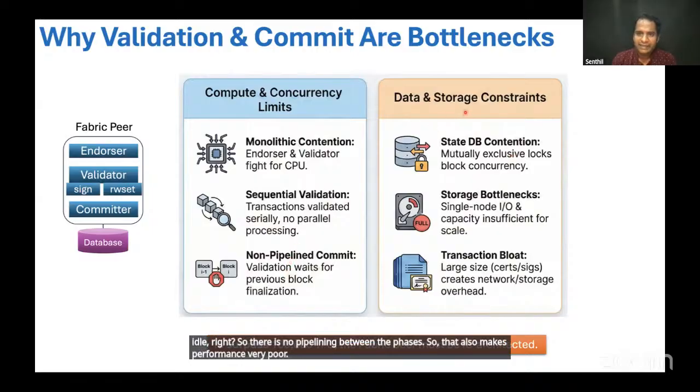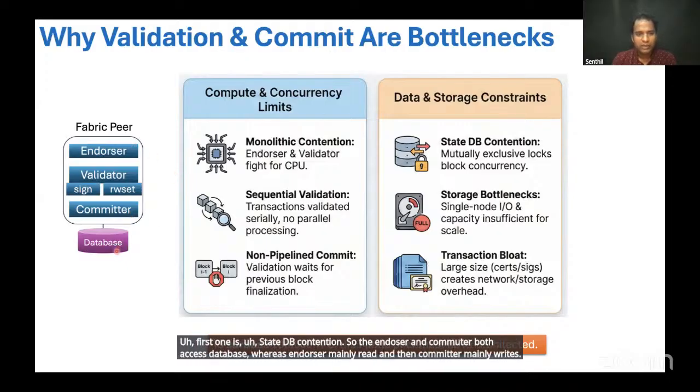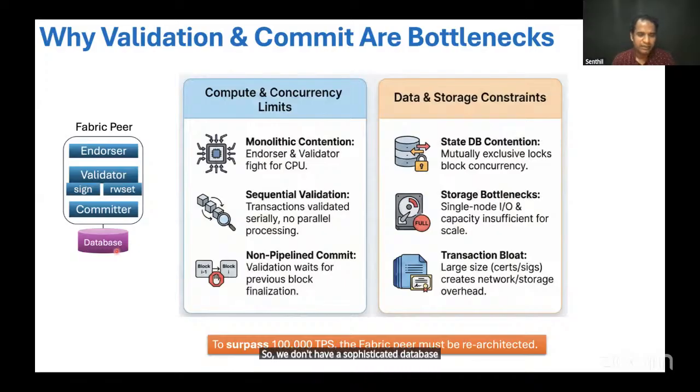Then in the second category, we have reasons associated with data and storage constraints. The first one is state DB contention. The endorser and committer both access the database, where the endorser mainly reads and the committer mainly writes. We don't have a sophisticated database in Fabric. We have LevelDB and CouchDB.